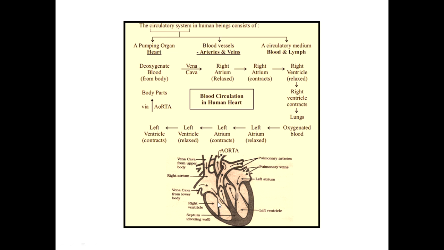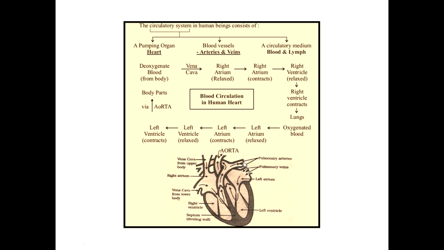Understand? See, this is the right ventricle, which receives deoxygenated blood from the right atrium. It gives off the pulmonary artery. This pulmonary artery splits into the right and left pulmonary arteries and supplies the lungs, where the deoxygenated blood is oxygenated.